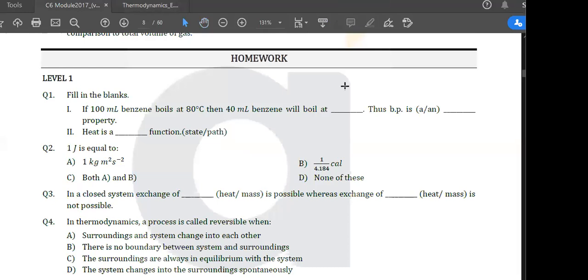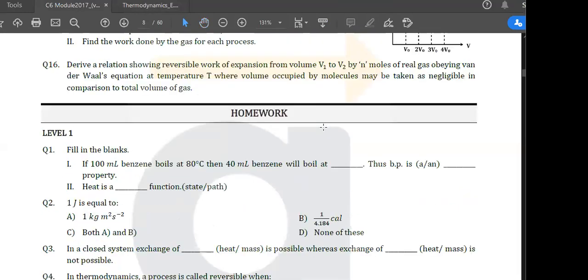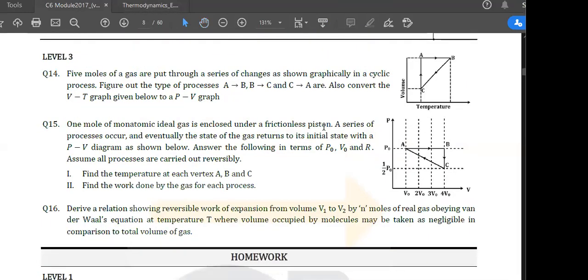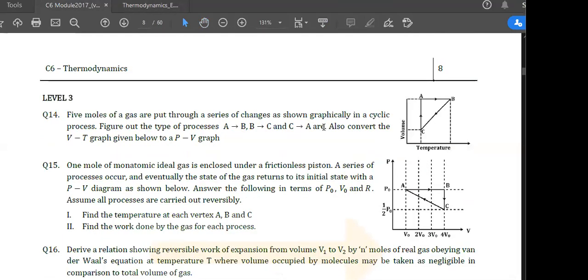I guess we have already discussed in class 6.1 except 14, 15, 16. Yes or no? Have we discussed 6.1?